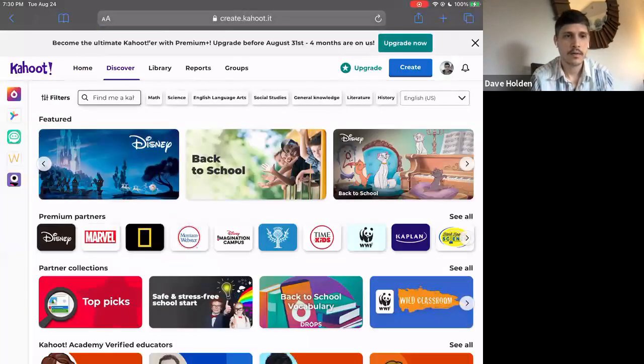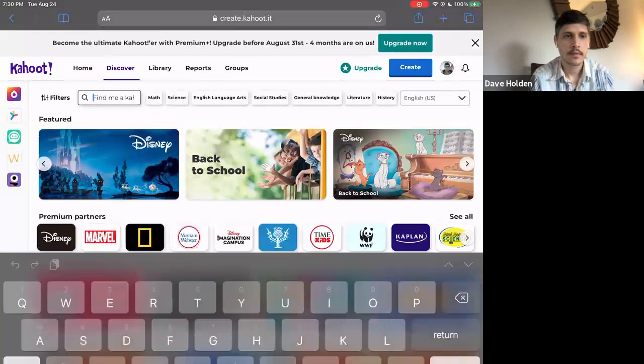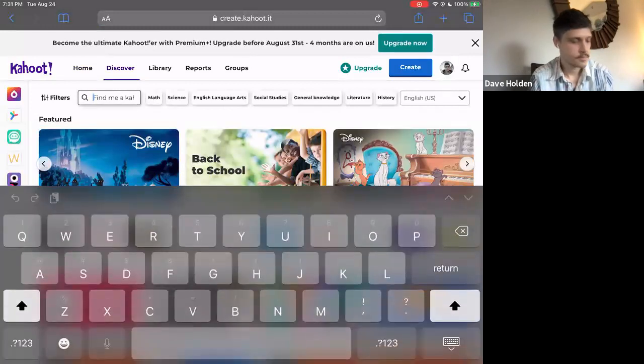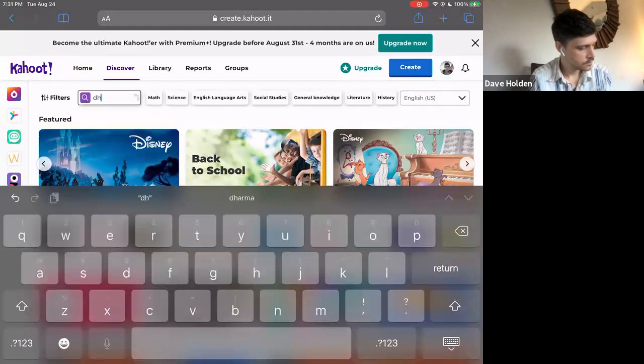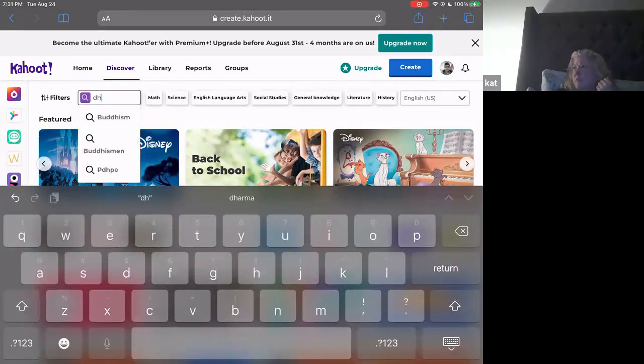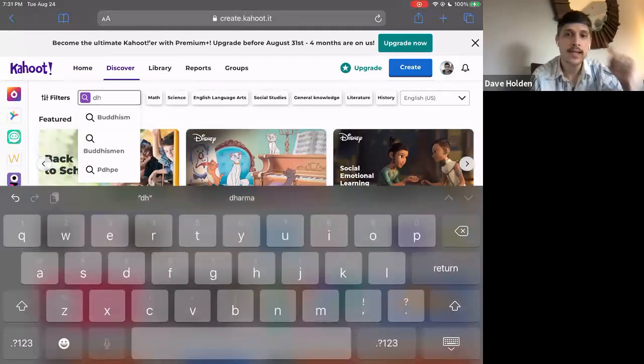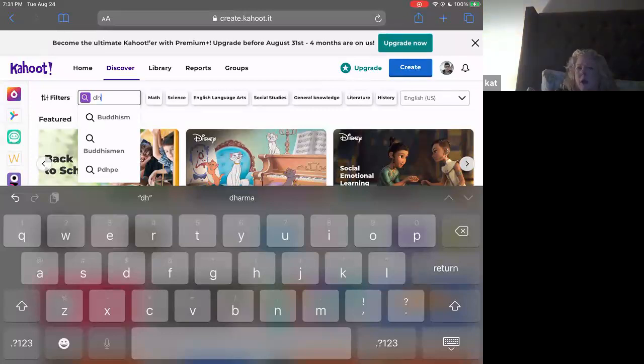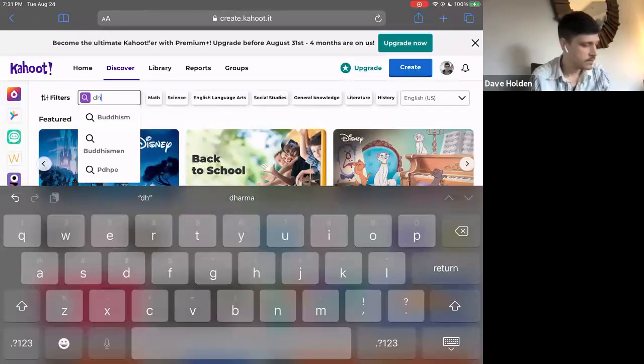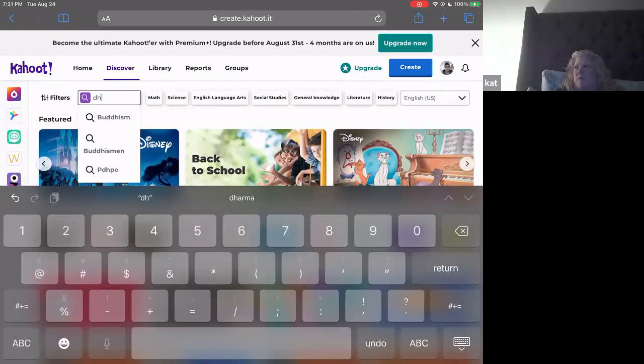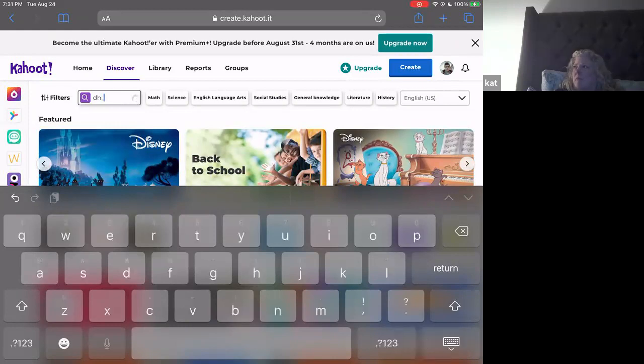And then in the search bar, right here. It's at the top in the tab. It says Kahoot, home, discover, library, reports, groups. You may have to create an account. Okay. But I'll just get the app.